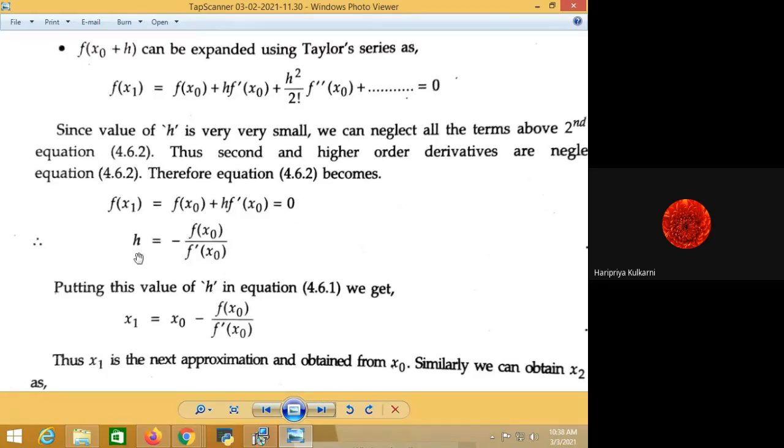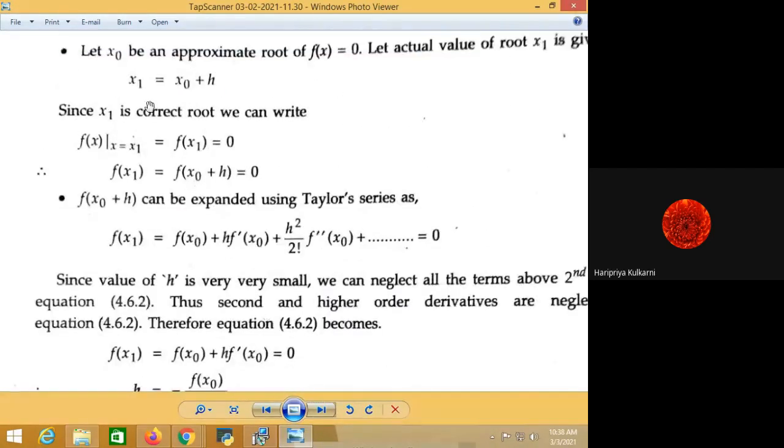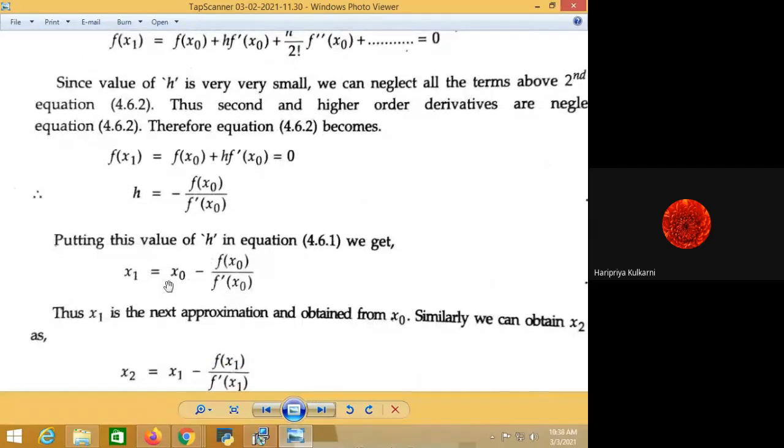Okay. Now if I put this value of h in the first equation that we have written, x1 equal to x0 plus h, h is negative, so it will be x1 equal to x0 minus f of x0 upon f dash of x0. So x1 is the next approximated root, which is equal to the initial approximation minus f of x0 upon f dash of x0.